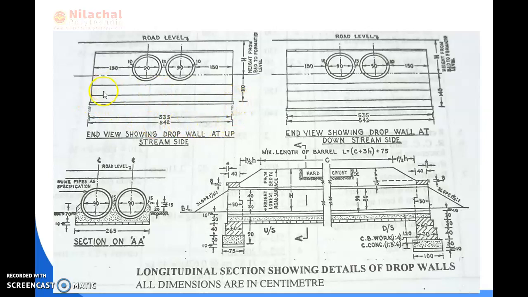From brick wall to brick wall the distance is 535, and from cement concrete or soling to soling the distance is 542 for the upstream side drop well. So the length of the drop well is 542. We consider this because it is the earthwork excavation.